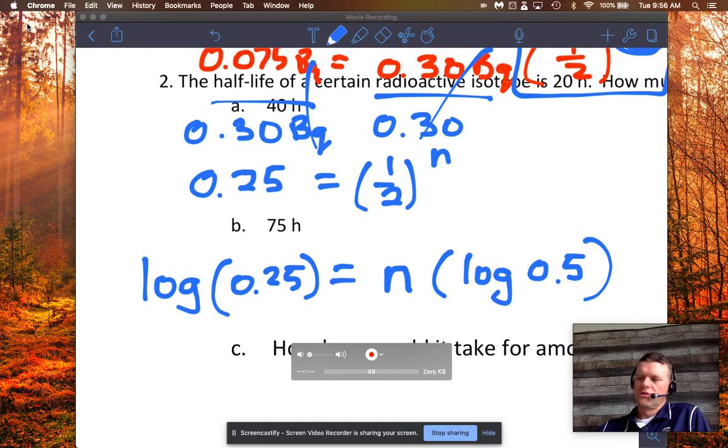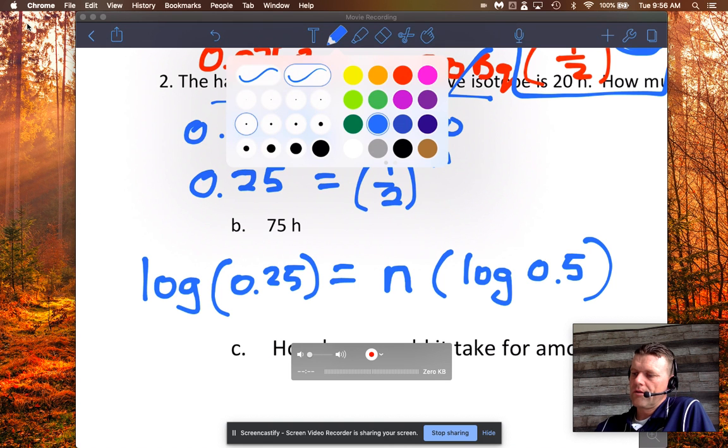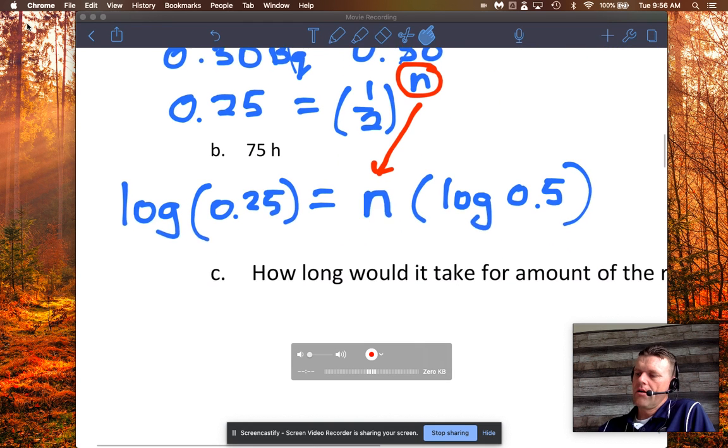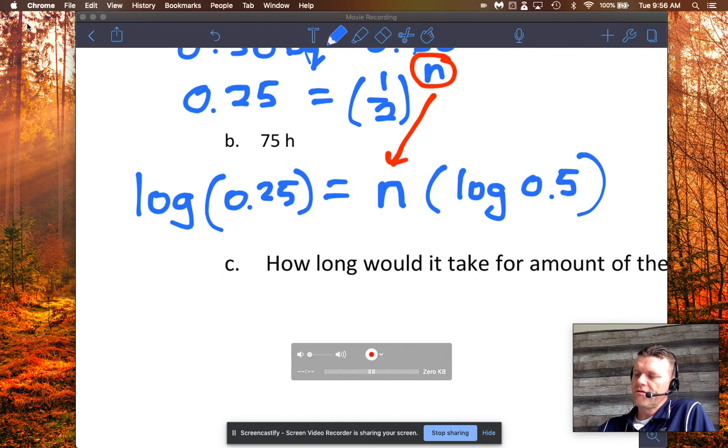If you can follow that, this n that was up here is now in front of a mathematical expression that is the log base 10 function of 0.5, okay? Now, in your calculator, your next step is to divide the right-hand side by the log of 0.5.